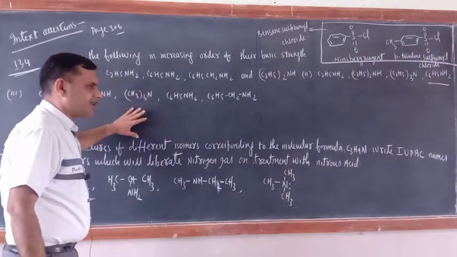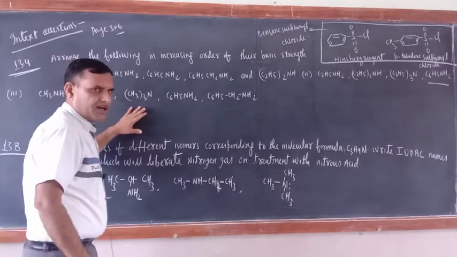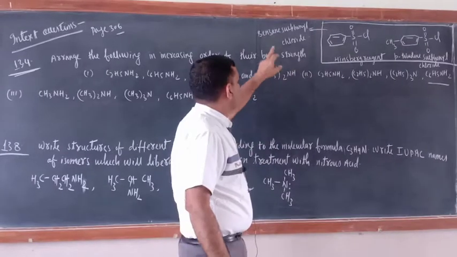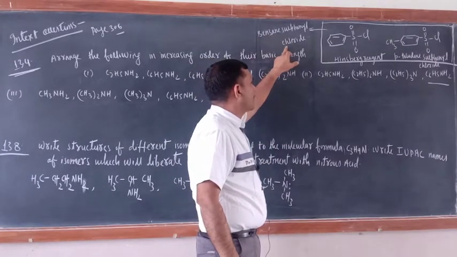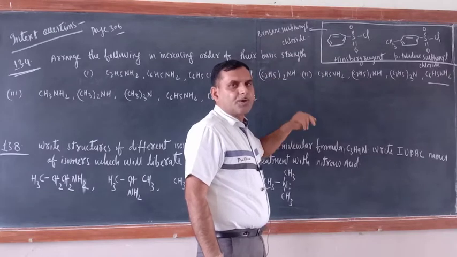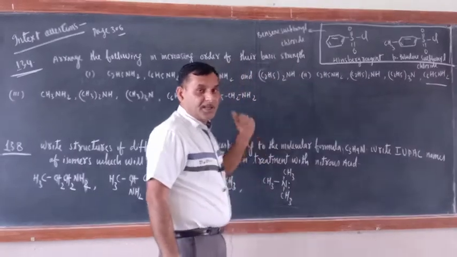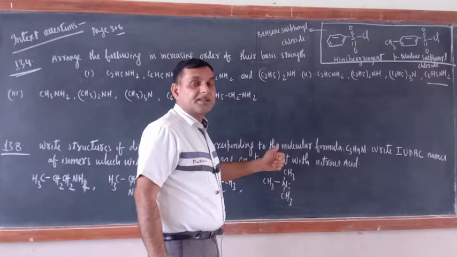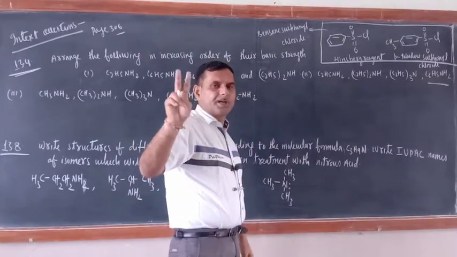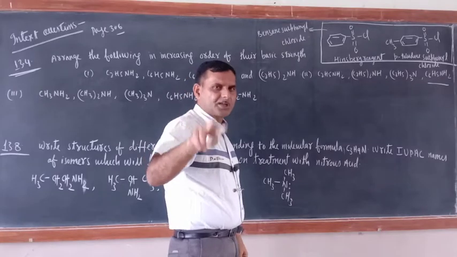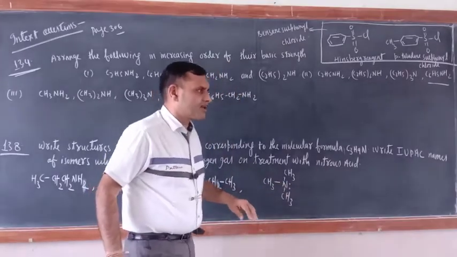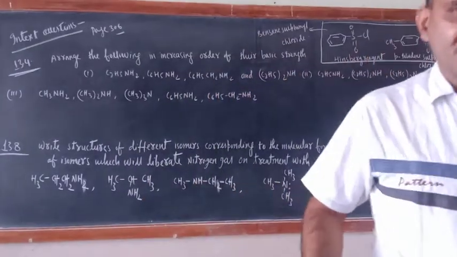Before arranging them in a specific order, I would like to tell you one important thing. Yesterday I taught you benzene sulfonyl chloride, that is Hinsberg reagent, and 1 degree and 2 degree amines react with this compound in different ways. 1 degree and 2 degree react, but 3 degree does not react because it does not contain replaceable hydrogen.